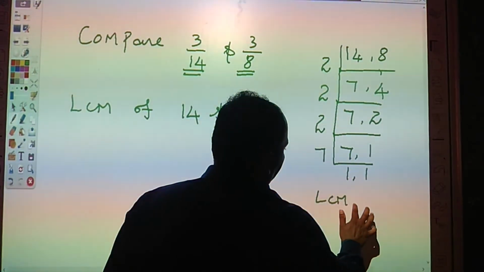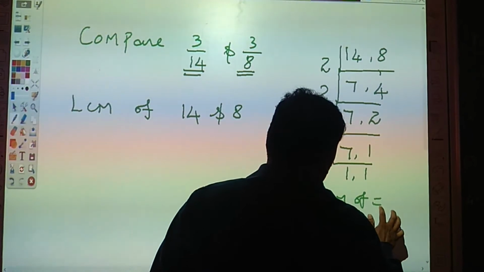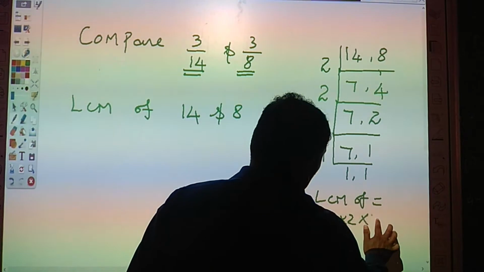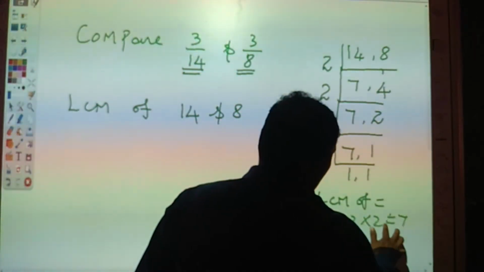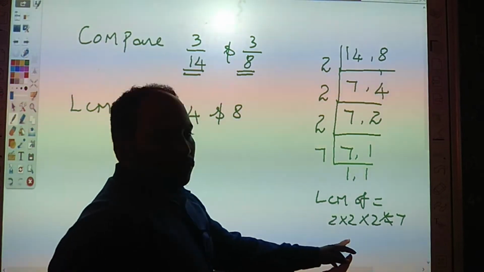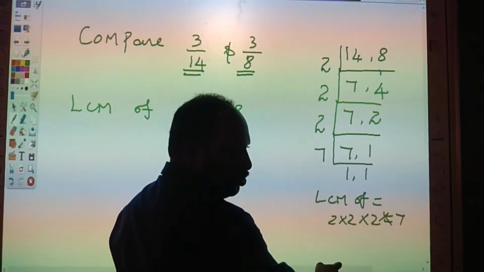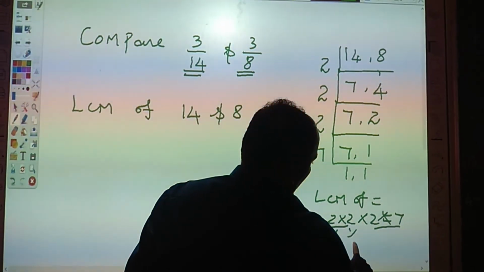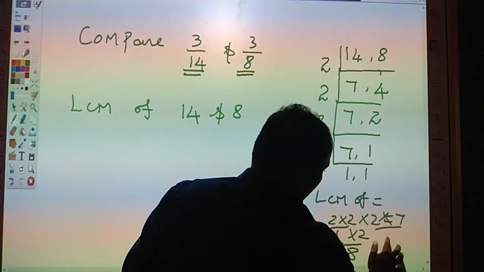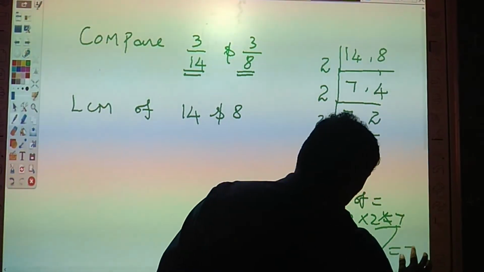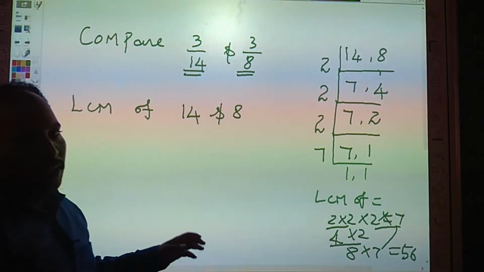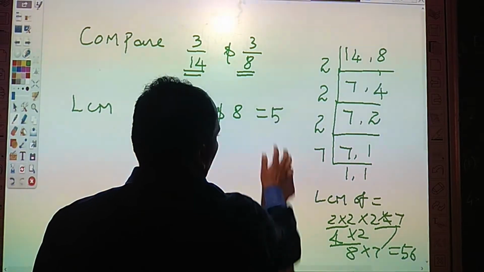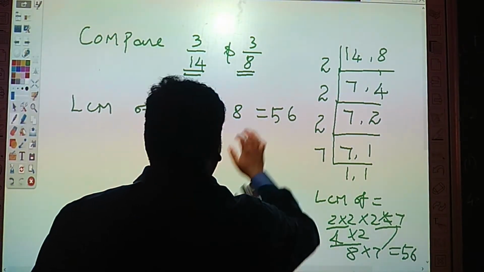LCM is 2 into 2 into 2 into 7. 2 2s are 4 into 2 is equal to 8. Next 8 into 7 is equal to 56. So our LCM of 14 and 8 is equal to 56.